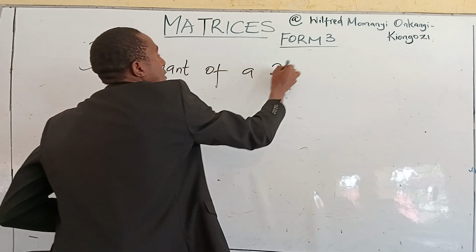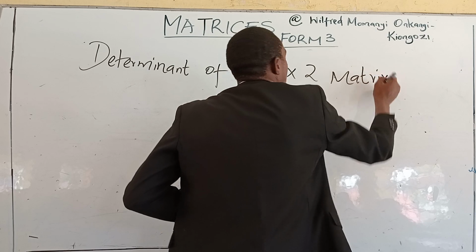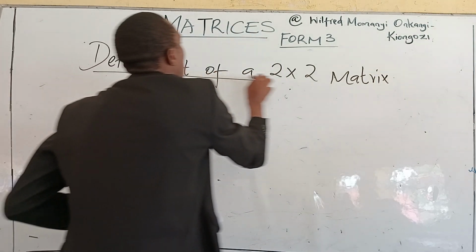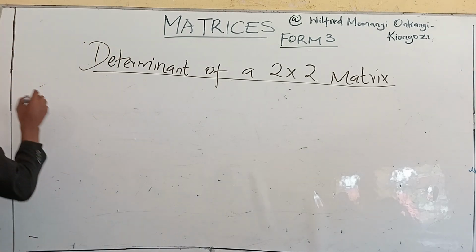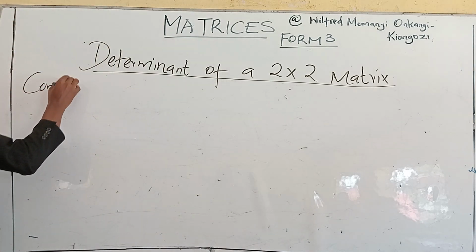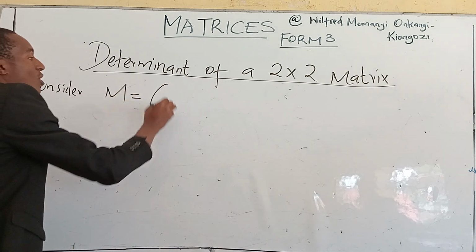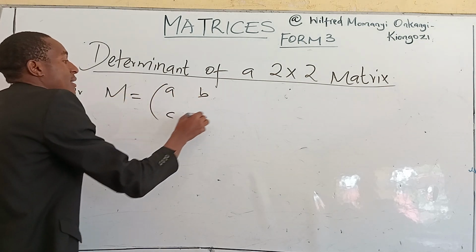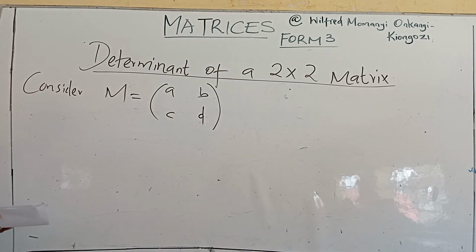So in this case, we shall consider matrix M, which is equals to A, B, C, and D. Consider that one as our matrix.